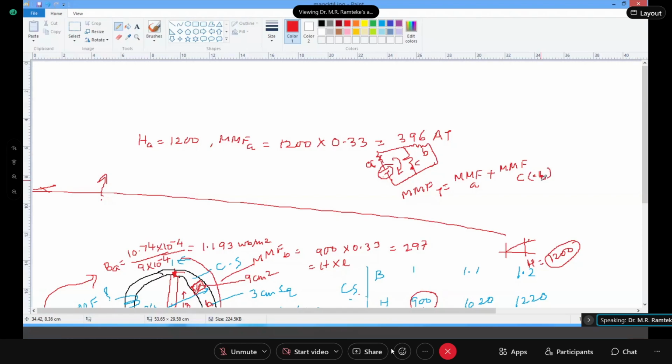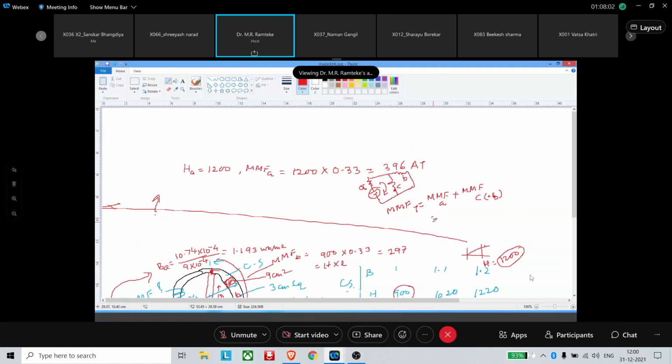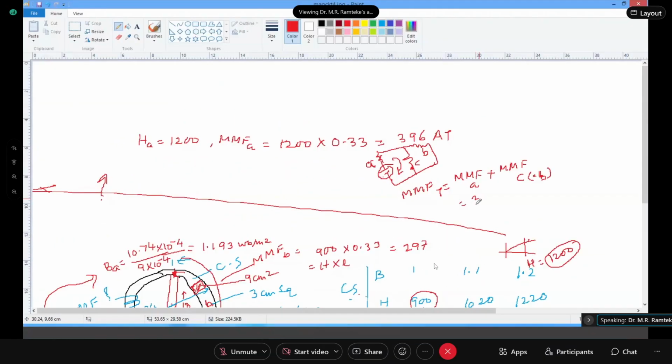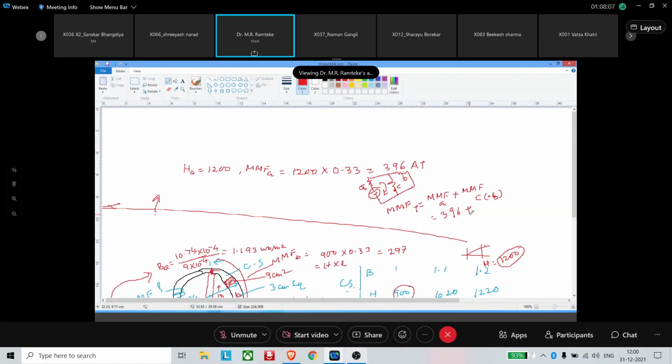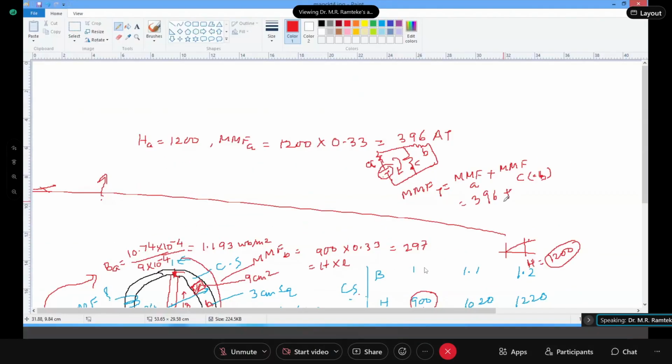Now MMF for A is 396, and the MMF for B or C is 297. So how much do you get in total? 693. So this much is the MMF required.